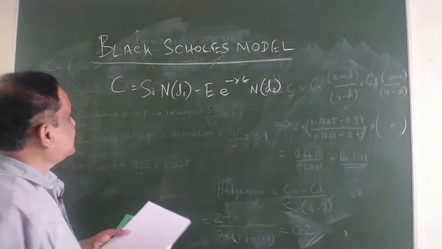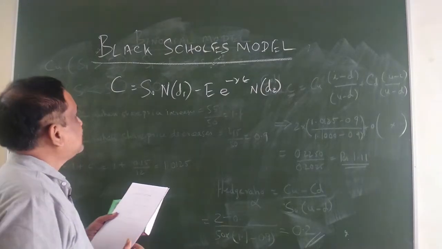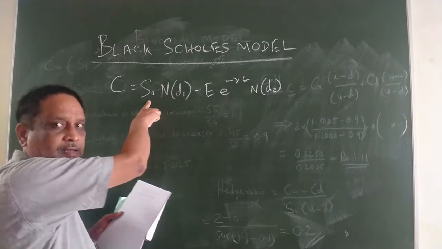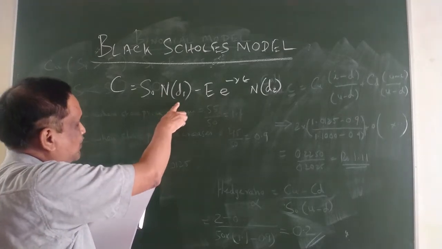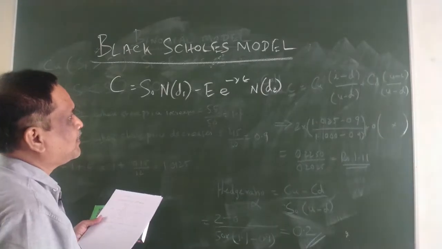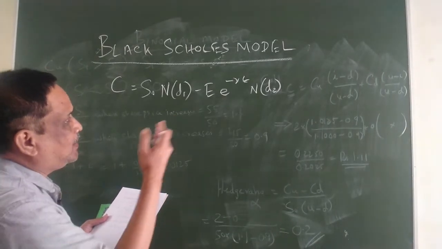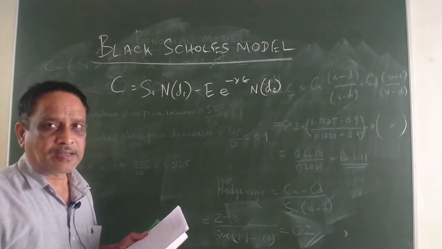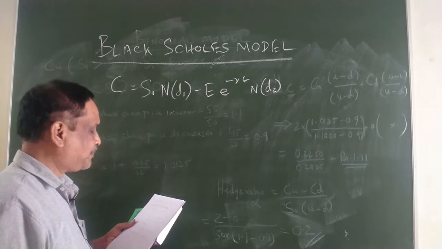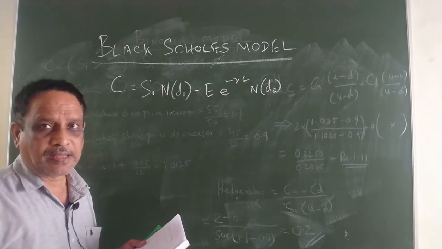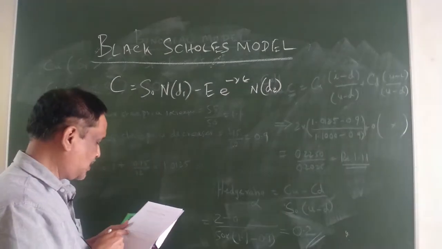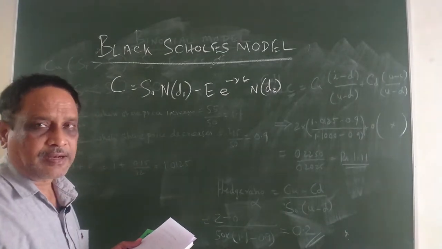In this, E is the exercise price, S naught is the current stock price, N of d1 is the value of the cumulative normal distribution, R is the interest rate, and T is the time. We have to calculate d1 and d2 and apply them in this formula. We also have a formula for put, which I will give later.